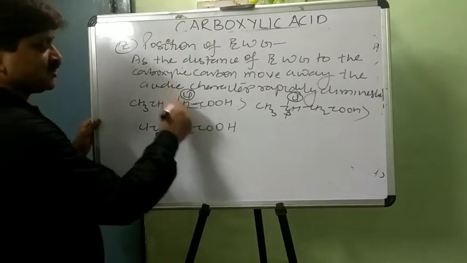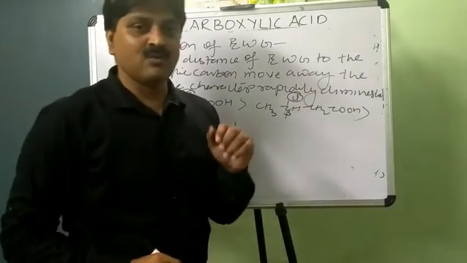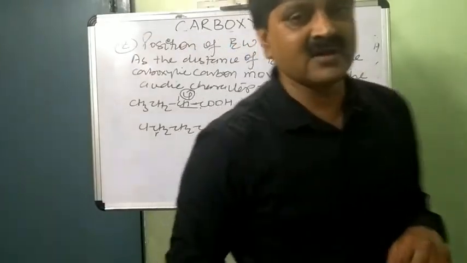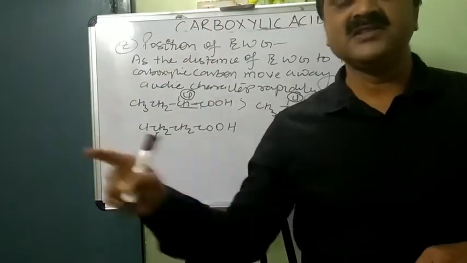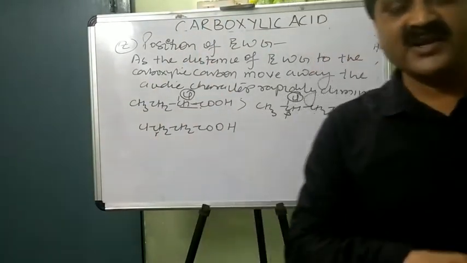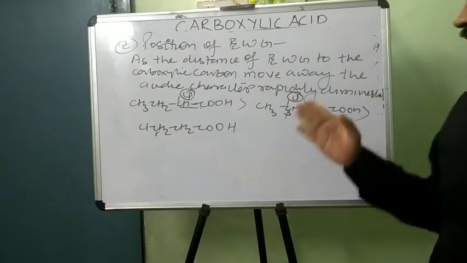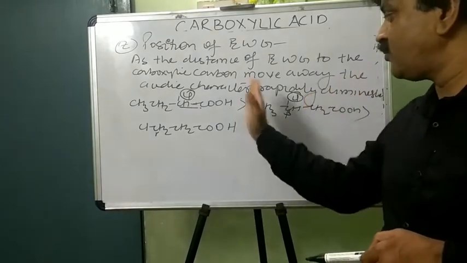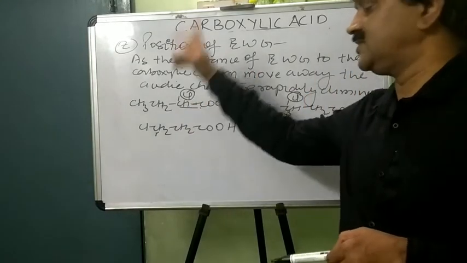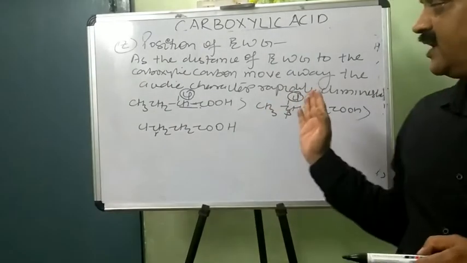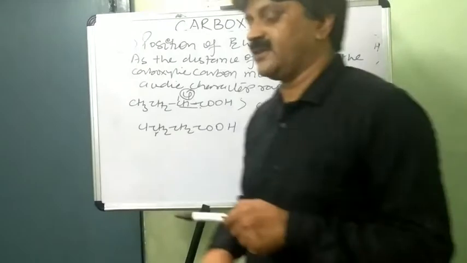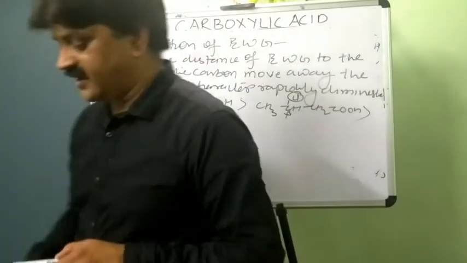So as the electron withdrawing group moves away from the carbonyl carbon, the acidic strength rapidly decreases, because the minus I effect decreases. This is another factor, the position, affecting the acidic character.